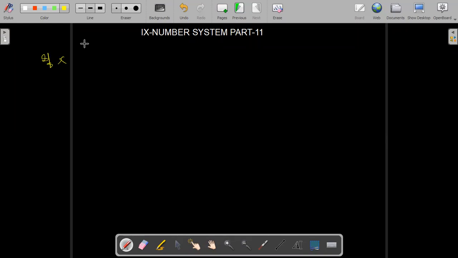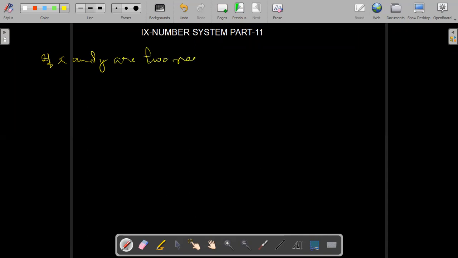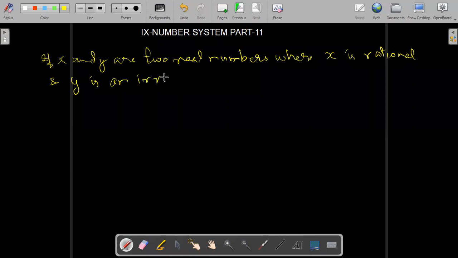If x and y are two real numbers, where x is a rational number and y is an irrational number.